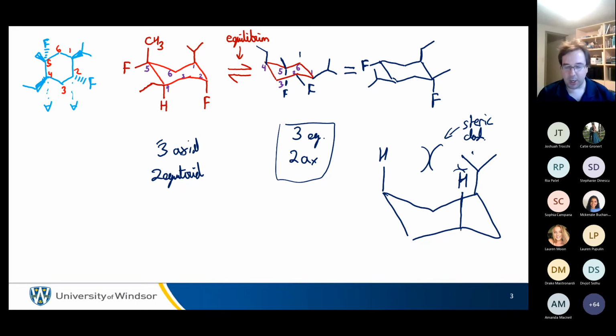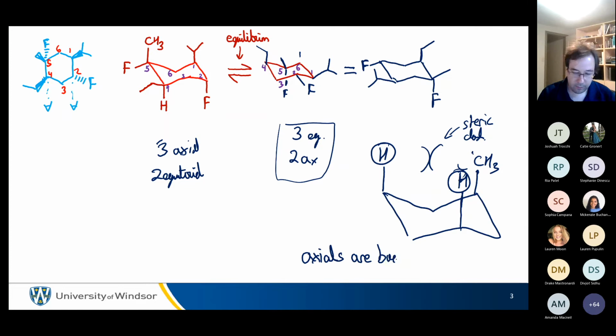Because an isopropyl is a carbon and then CH3s. Add in all the atoms, and what you'll notice is that those CH3s are trying to occupy the same physical space as these hydrogens. Even a simple methyl group here is getting really close to those hydrogens. So axials are bad, because sterics suck.